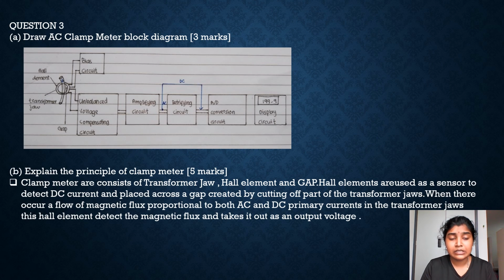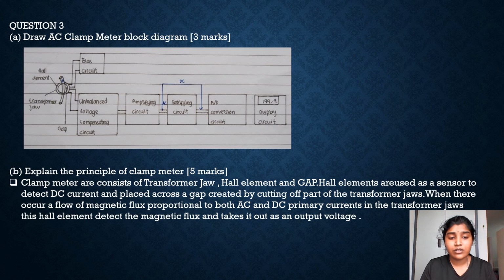Third question is, draw the AC clamp meter block diagram, and this is the AC clamp meter. B. Explain the principle of the clamp meter. Clamp meters consist of a transformer jaw, a Hall element and a gap. Hall elements are used as a sensor to detect DC current and are placed across a gap created by cutting off part of the transformer jaws.